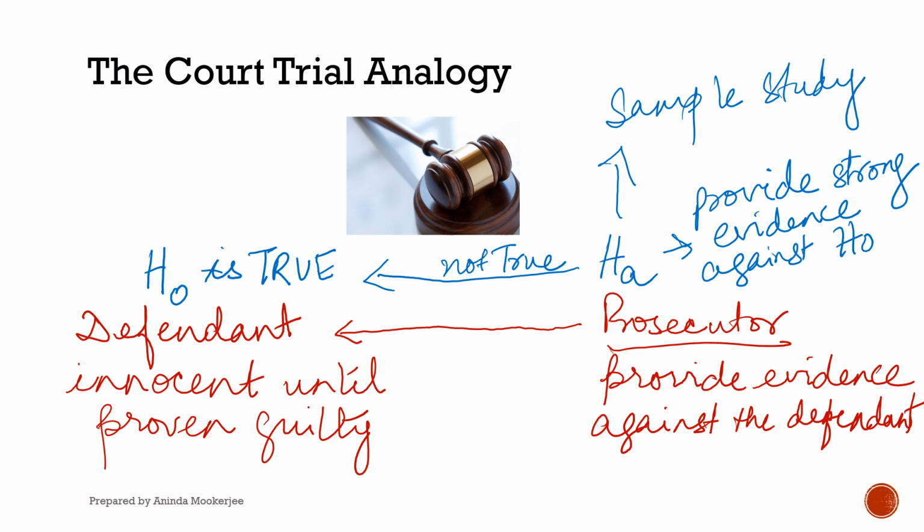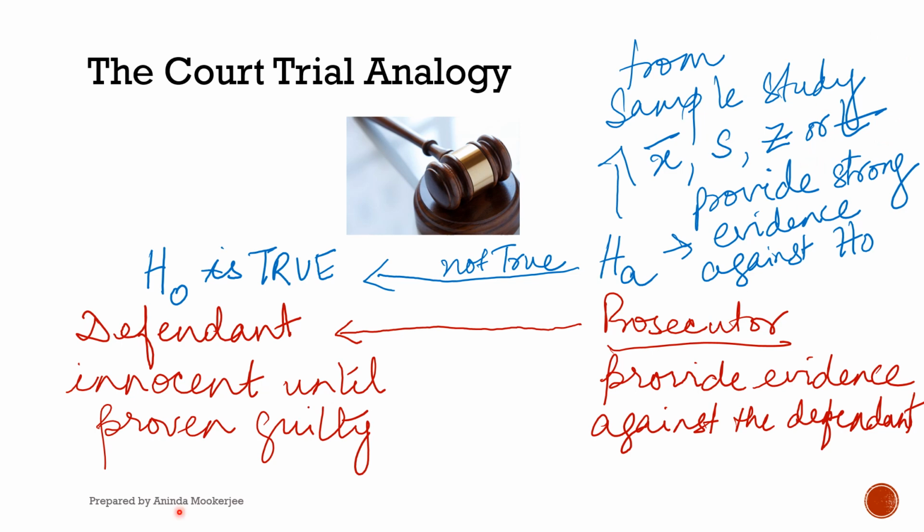So the alternate hypothesis has to provide all the metrics associated with the sample study. For example, the sample mean, the sample standard deviation, as well as the z or the t values associated with the mean and the sample standard deviation, or the population standard deviation, as the case may be.